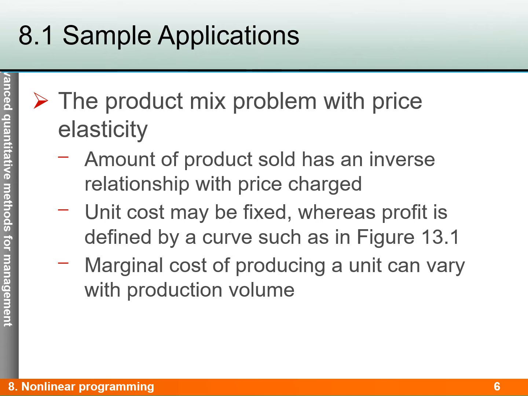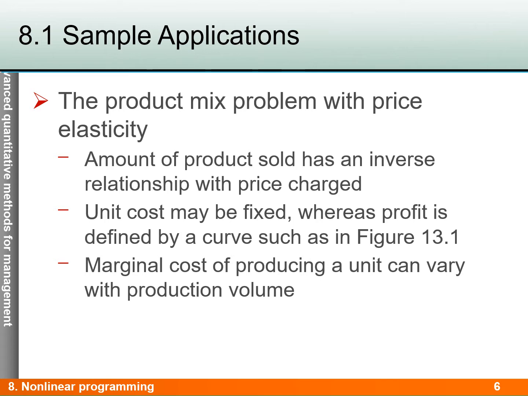Imagine a large manufacturer may encounter price elasticity, whereby the amount of a product that can be sold has an inverse relation to the price charged. In reality, guys, we see this: if we buy one item, it's 2 euros, for example, but the vendor says if you buy 3 of that, each of them is 1.5.